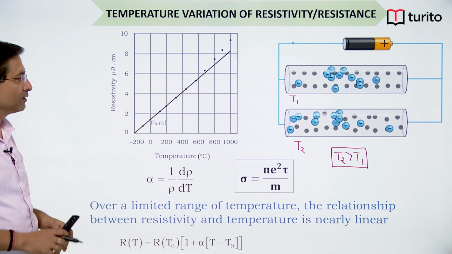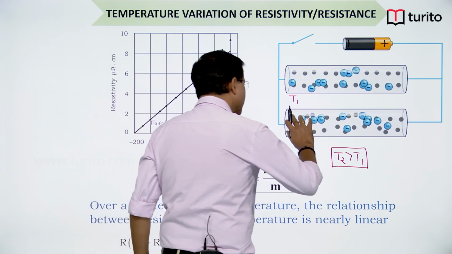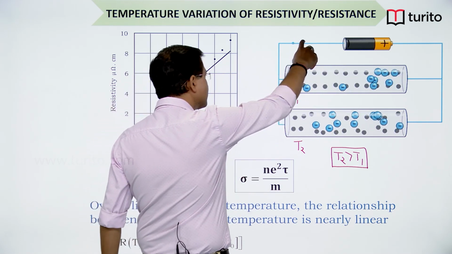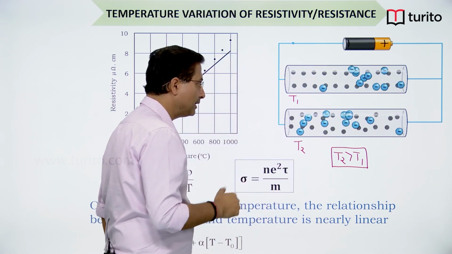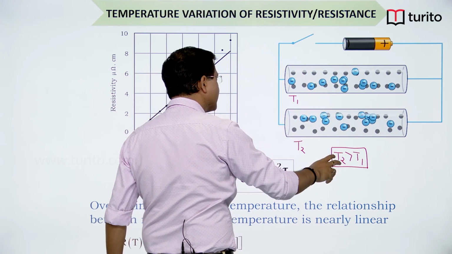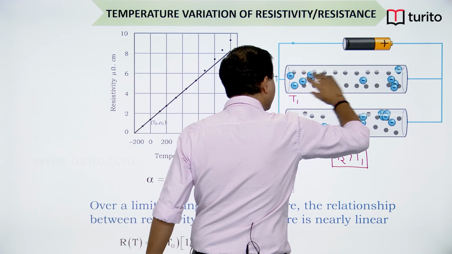Okay. So, higher temperature wire will offer more resistance, right. So, as you can see, when switch is closed, they move slowly, drift velocity will be less as compared to the one which is at lower temperature. There the resistance will be less and the movement will be more.